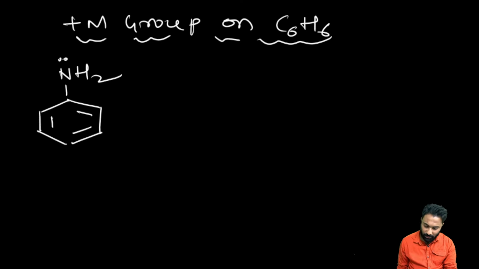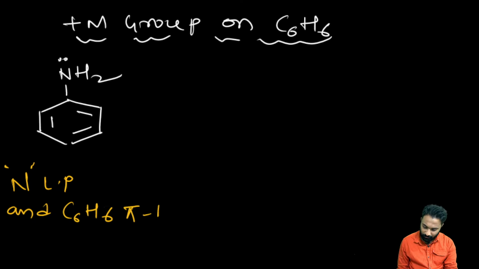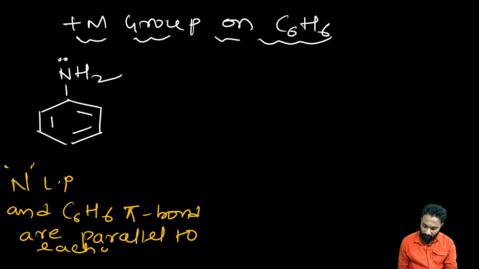Now the one key point you have to remember: the nitrogen lone pair and the benzene pi bonds are parallel to each other. Clear? That's the reason delocalization will happen.